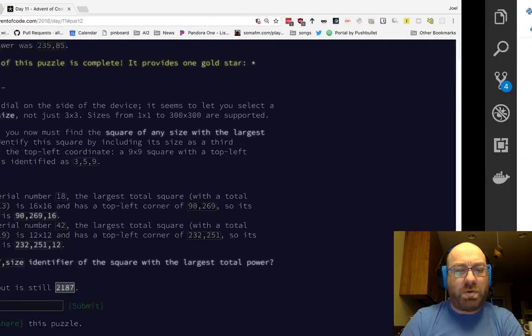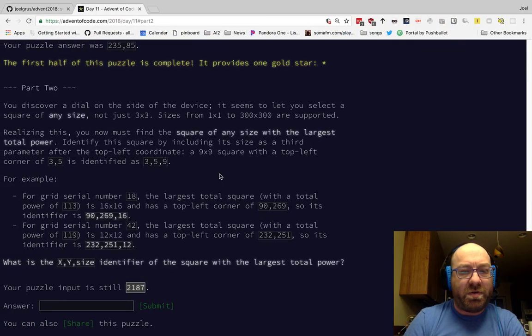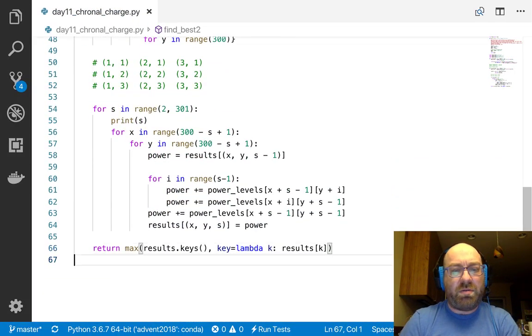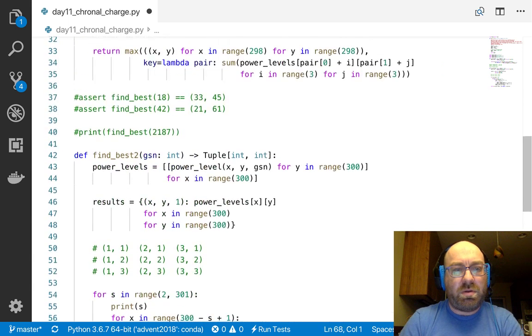And that will return me the square root of the largest total power. So do I want to do it for 18 again? Maybe.